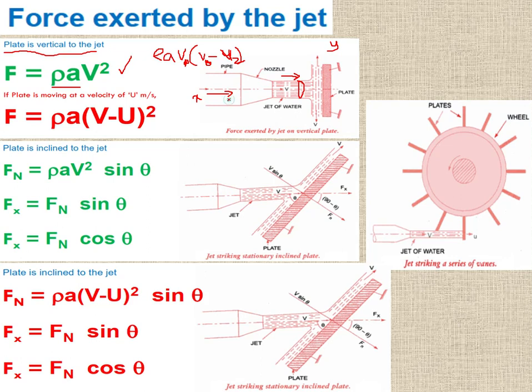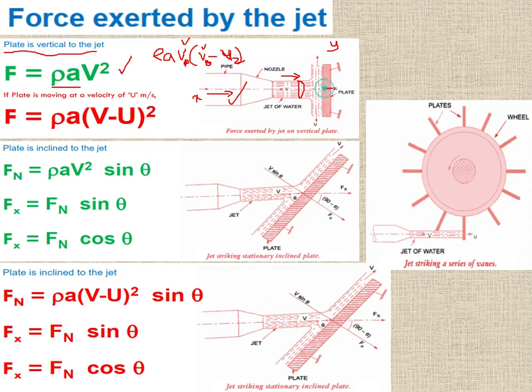This is the direction of the jet. Here you can see the initial velocity in the jet direction is v, so we have taken v here. What is the final velocity in the jet direction?